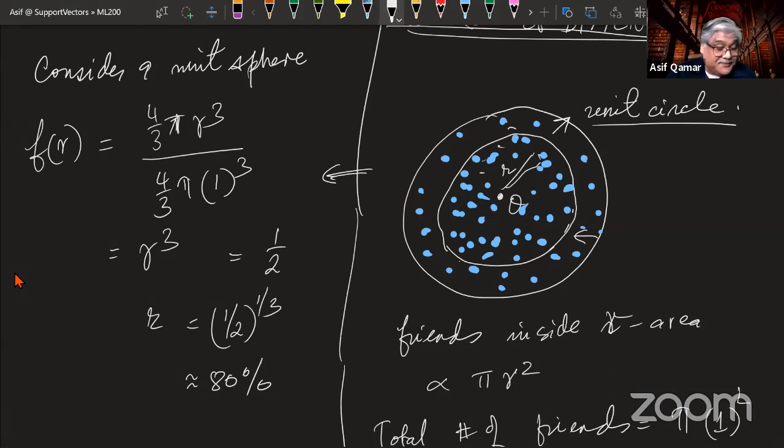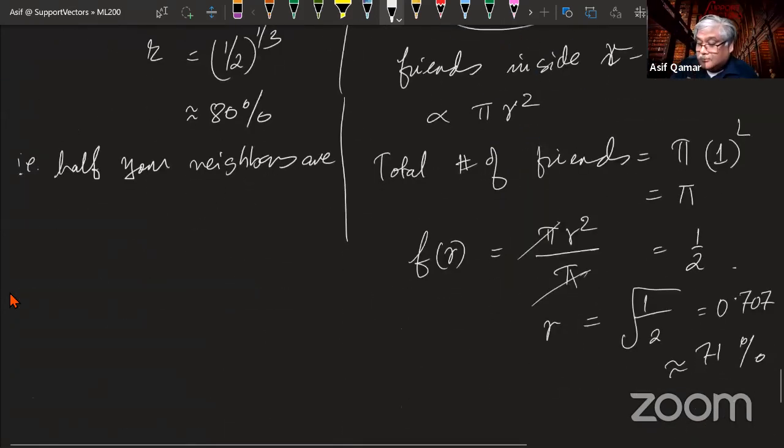Do you see that, guys? Does this make sense? I.e., half are within 20% of the edge.